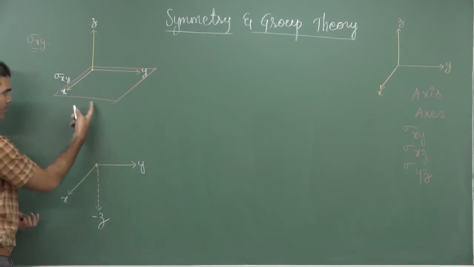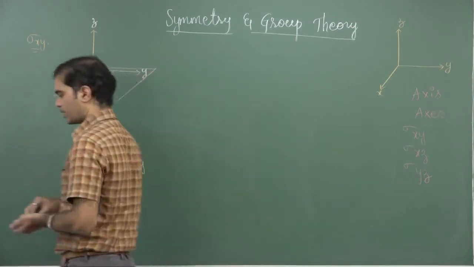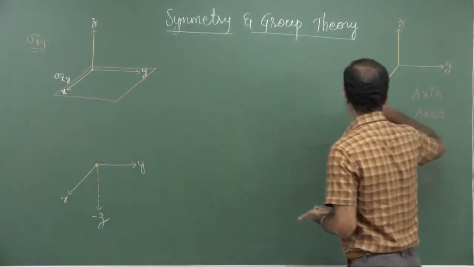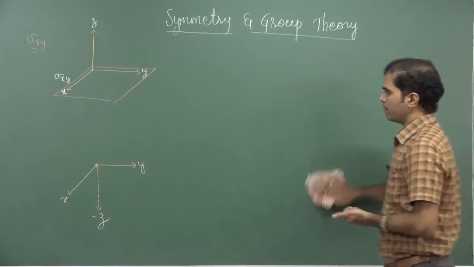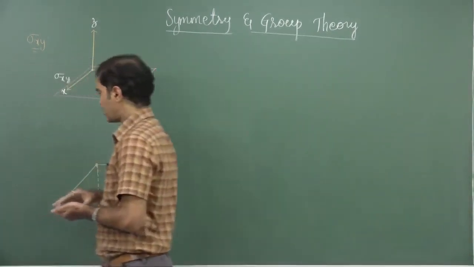This is the resultant of this particular sigma xy plane. So now I think you might be getting some conclusions. From whichever coordinates the plane passes, those coordinates do not shift or exchange, but the other coordinate which is perpendicular to this will shift.